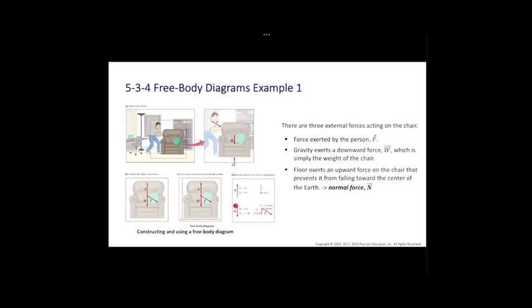W is in the negative y direction and there's no x component. And for the normal force N, there's no x component and it is directed in the positive y direction.